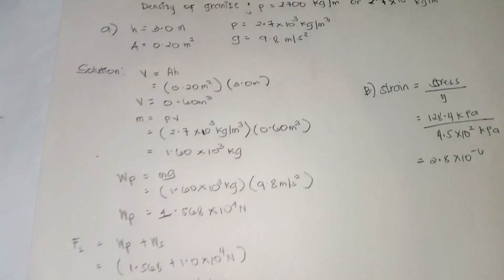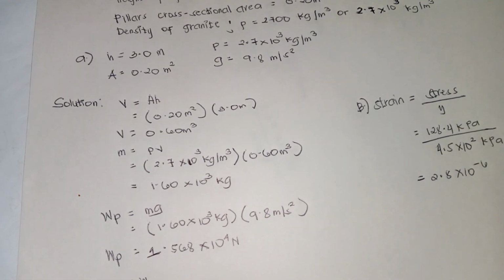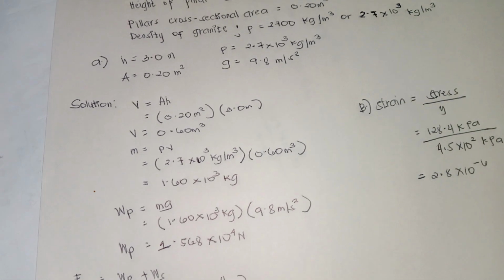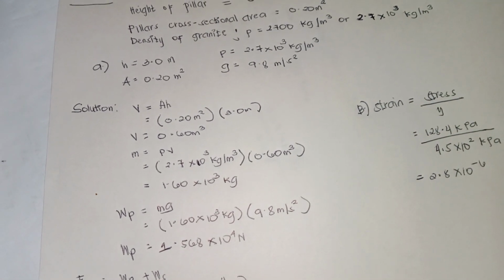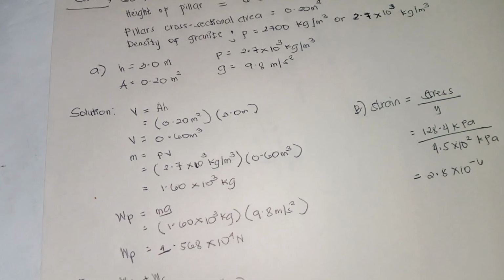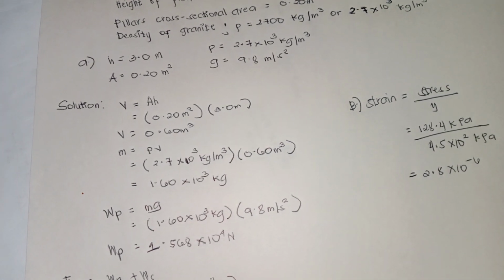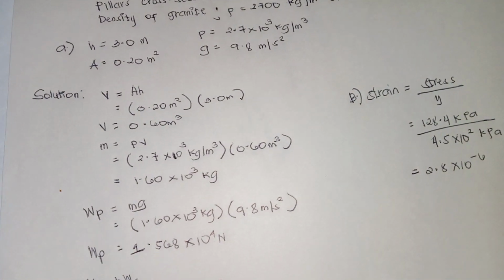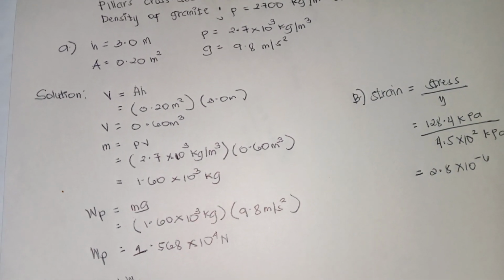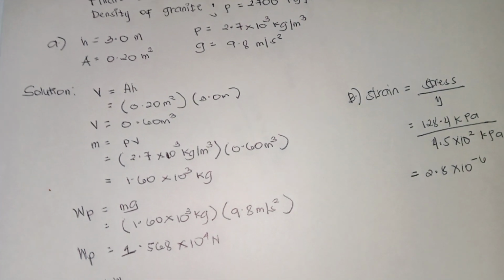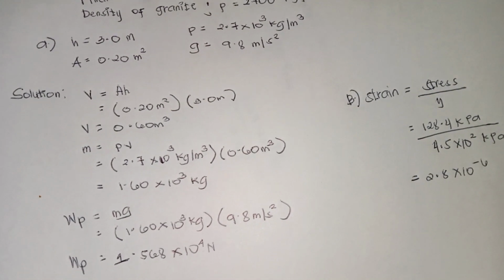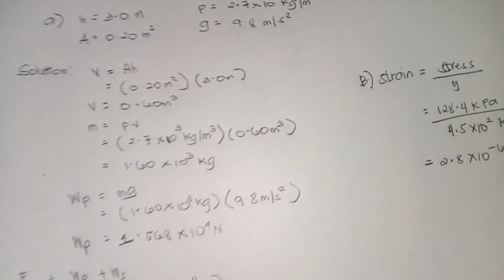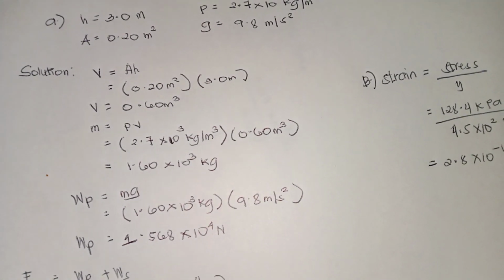So that's the solution. To find the compressive stress, we need the weight of the pillar, and we must first find the mass. To solve the volume of the pillar, we multiply the cross-sectional area, which is 0.20 meters squared, and the height, which is 3.0 meters.